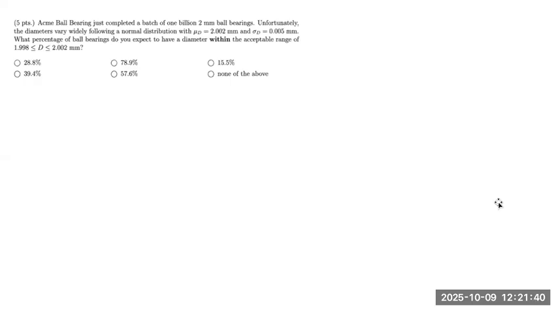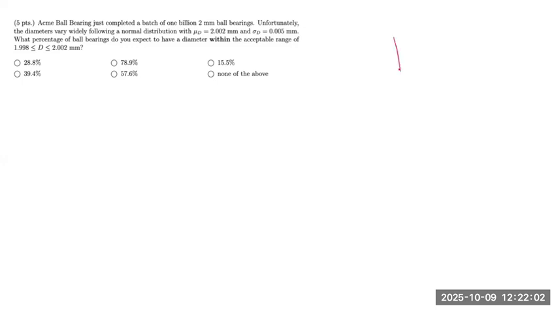So basically they have 1 billion 2 millimeter ball bearings, and the diameter varies. The mean is 2.002 millimeters. So what percentage? Okay, so let's first draw a diagram. It's always helpful to draw a diagram of the normal distribution so that we know what we are working with.